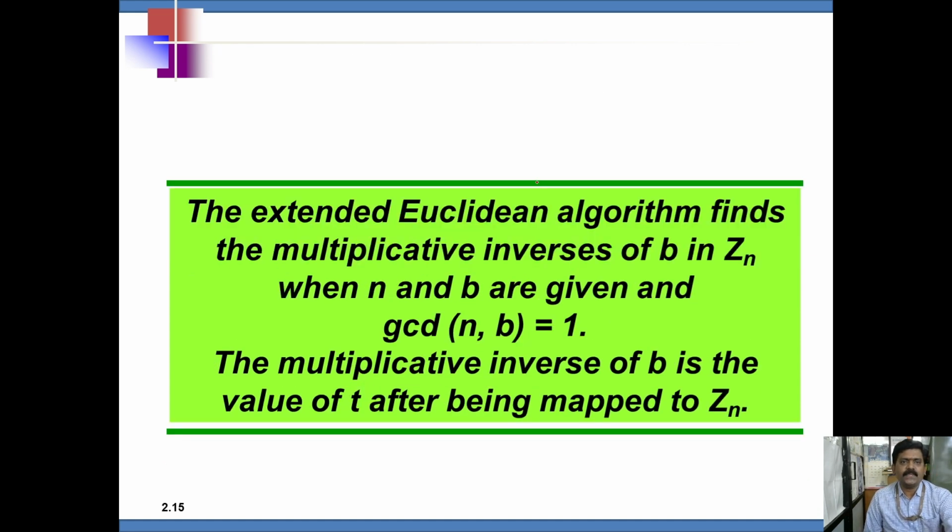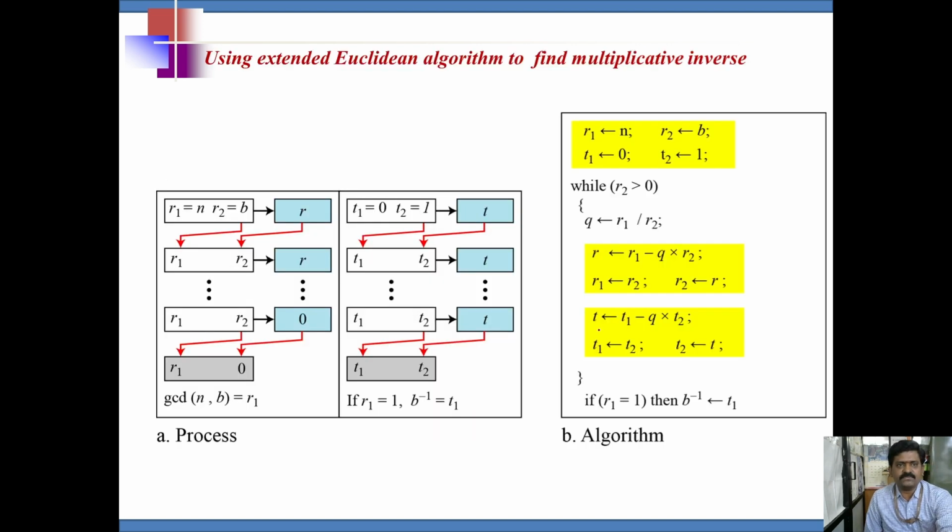Now let us see the extended Euclid algorithm for finding the multiplicative inverse of a particular number in Zn. When n and b are given and the GCD of n, b is 1, we can find the multiplicative inverse. How do we do that? We use the extended Euclid algorithm. The process is the same as we discussed.